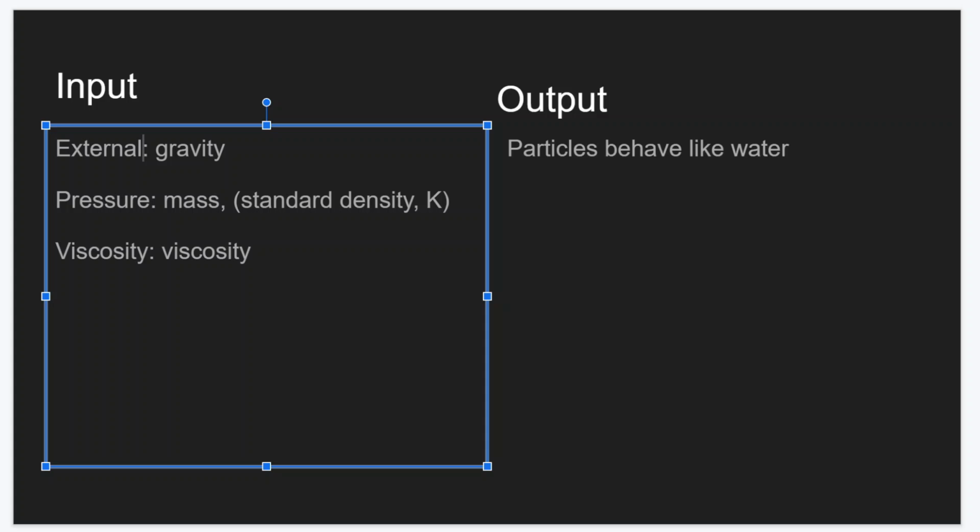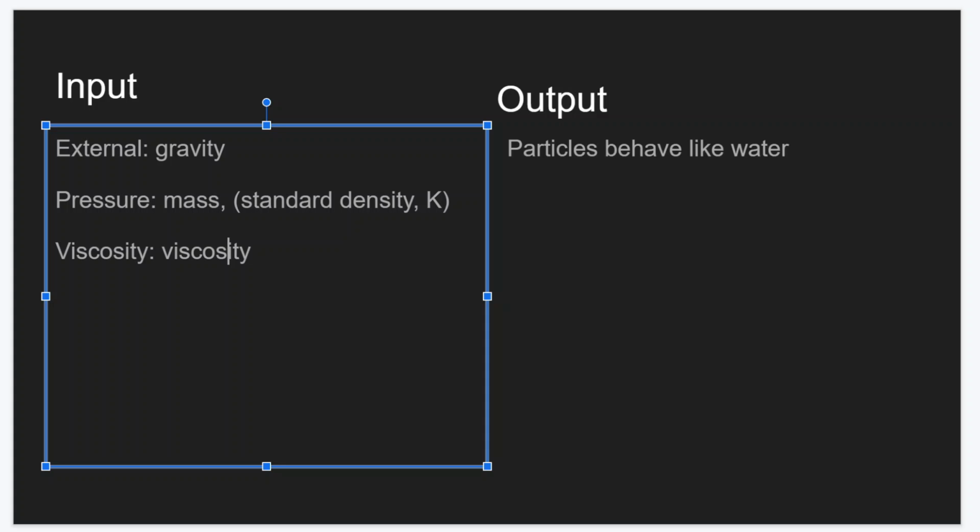With that in mind, we immediately realize that the input of the program could be pretty easy. For the external force, we can make the gravity a variable to be tweaked. For the pressure, we can use the mass, because the mass of a particle is basically what makes the pressure, since it comes from something like a counter force between particles.